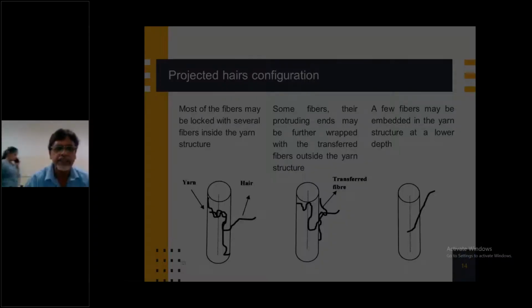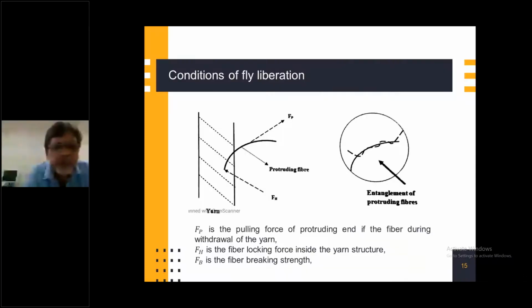These are the possibilities when we think of applying forces on it. If you see a fiber which is a hair extending from the yarn structure to the outside and inside the structure, FH is the force by which it is bound inside the structure.